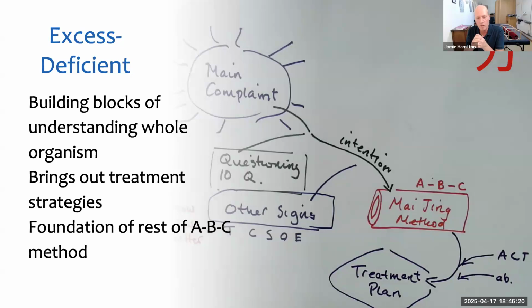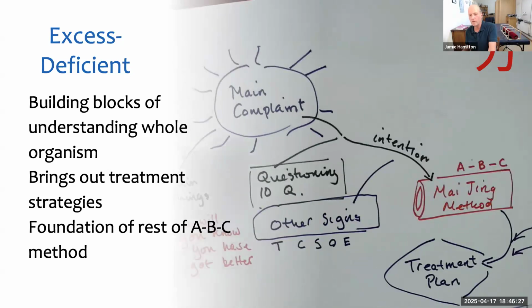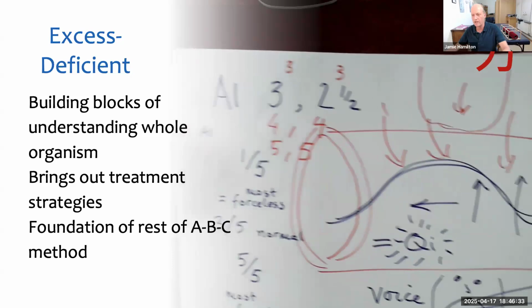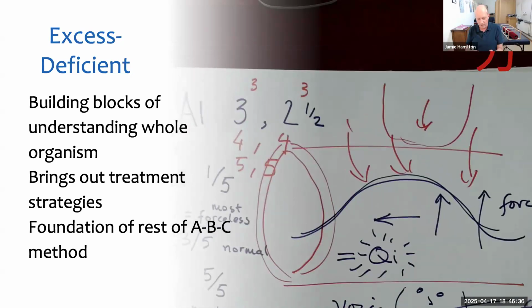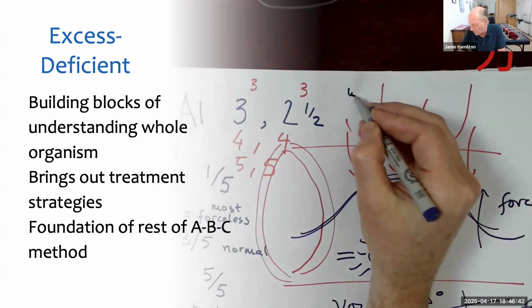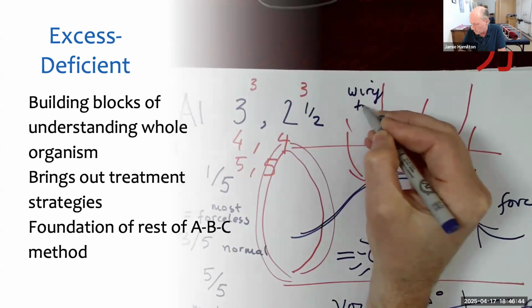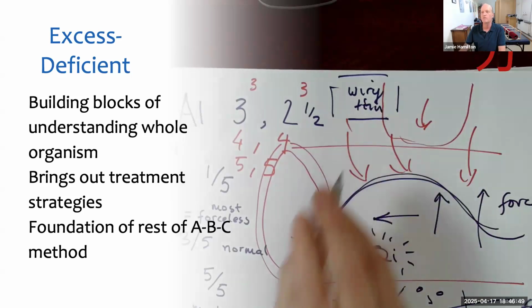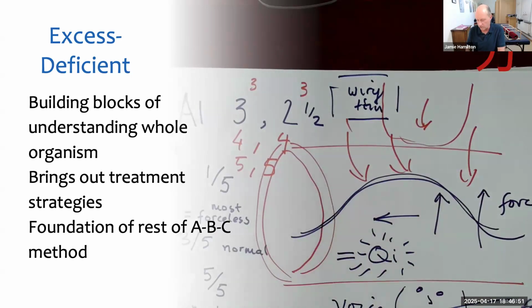As it happens, some people use this overall step A kind of method all the time, and it's pretty useful. You might be reading some case histories where they say things like the pulse was wiry, the pulse was thin, without saying which position those phrases are addressing.